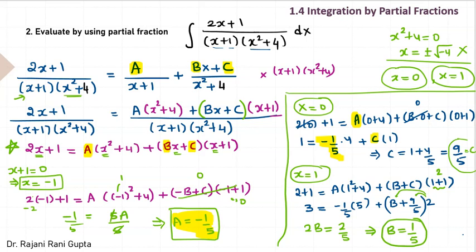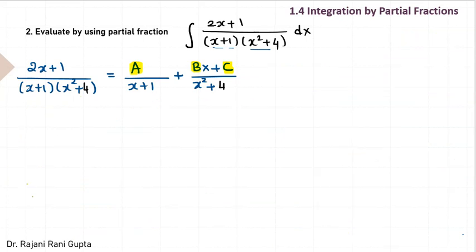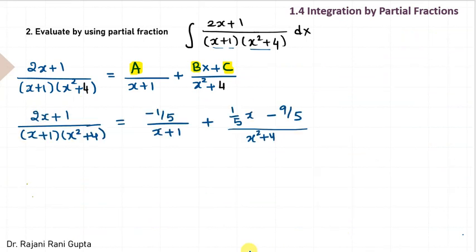Substitute them at the first place where you introduced them. So the key is to integrate this, same as integration of these two terms. The first term you can integrate directly. That gives you ln of mod of x plus 1 with the coefficient minus 1 over 5.